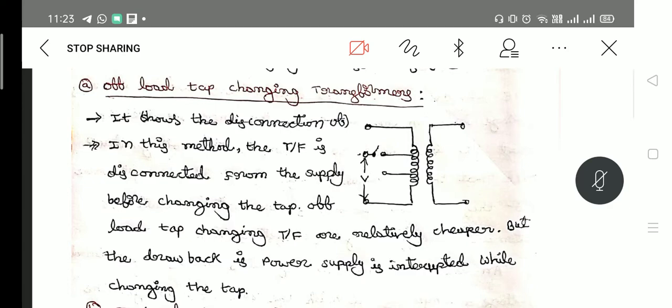In the off load tap changing transformer, whenever we change the taps, at that time we must disconnect the power supply. After that only we can change the tapping, otherwise it can be damaged.